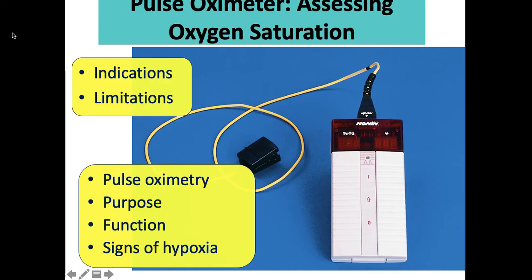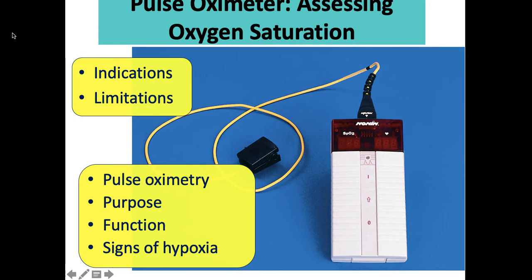Now, as you remember from your anatomy and physiology class, each red blood cell has 4 receptor sites, 4 hemoglobin sites to hold oxygen. So if every single red blood cell in your body were filled to capacity, then that machine would say 100%. But realistically, that's not what happens.